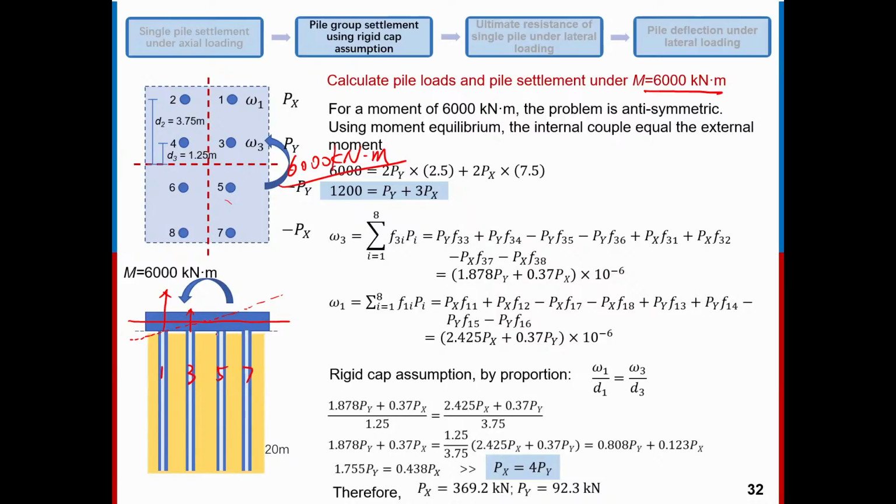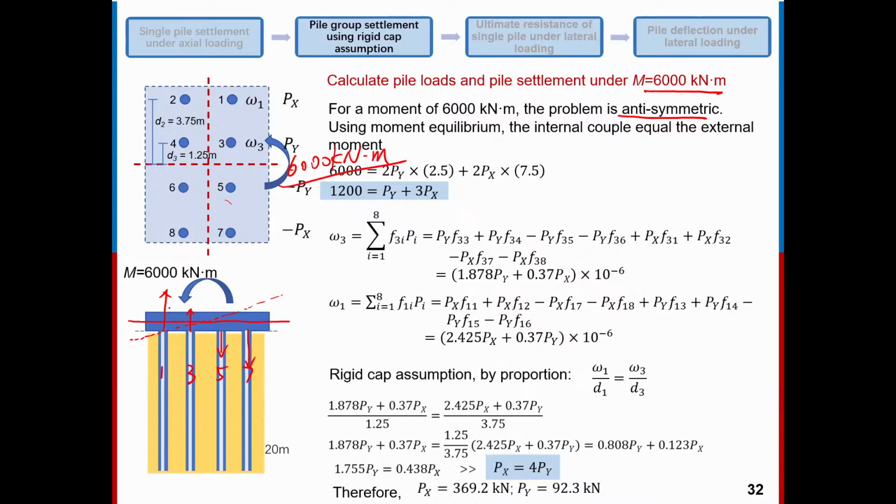However, for pile 5 and pile 7, we will have a downward force, right? Downward force to drag down the rigid cap to prevent it from rotating. And for pile 7, we will have another downward force, the direction being opposite, okay? And we call this problem an anti-symmetric problem.